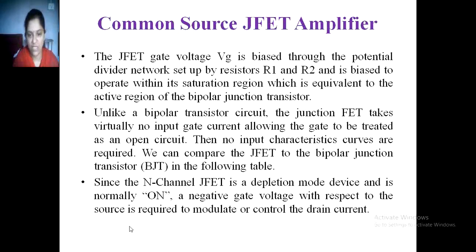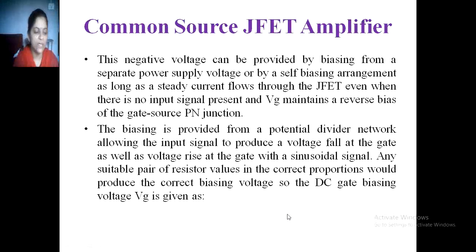The N-channel JFET depletion mode device is normally on, and this negative gate voltage can be provided by biasing from a separate power supply voltage or by a self-biasing arrangement, so that a steady current flows through the JFET even when there is no input signal present, and VG maintains a reverse bias of the gate source PN junction.